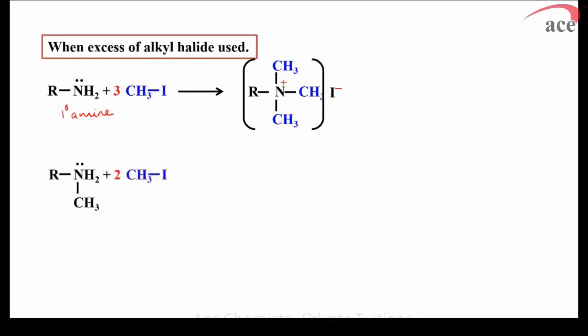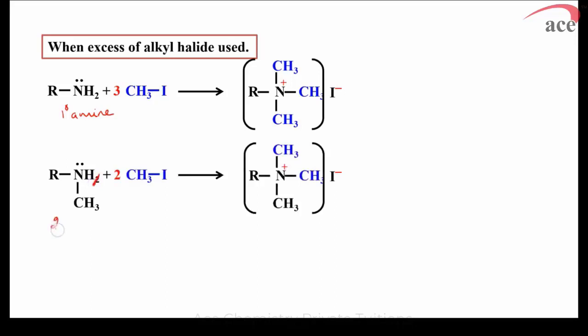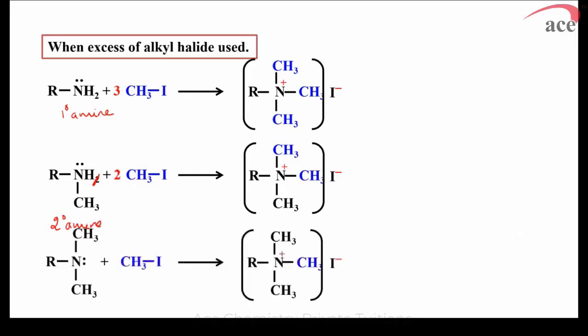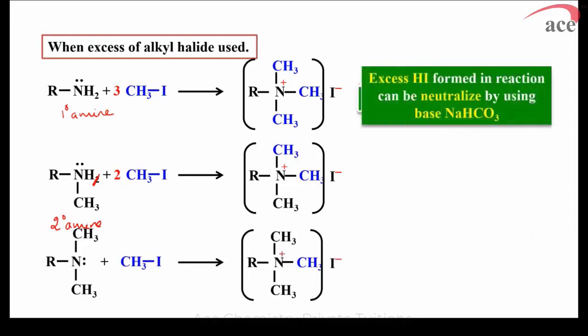Now if it is a secondary amine, it has 2 alkyl groups. The shortcut is that it contains 1 hydrogen atom, and will consume 2 moles of alkyl halide to form quaternary ammonium salt. And what if it's a tertiary amine? Tertiary amine will consume 1 mole of alkyl halide to give quaternary ammonium salt.